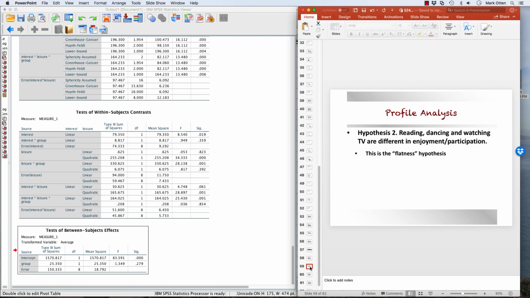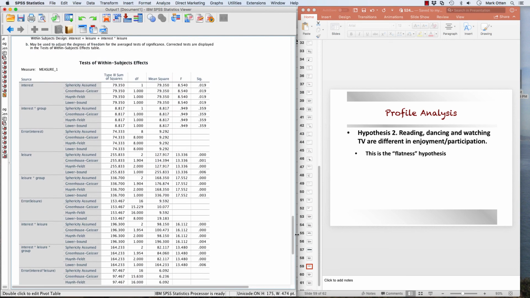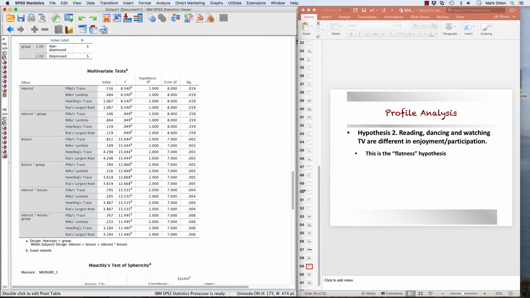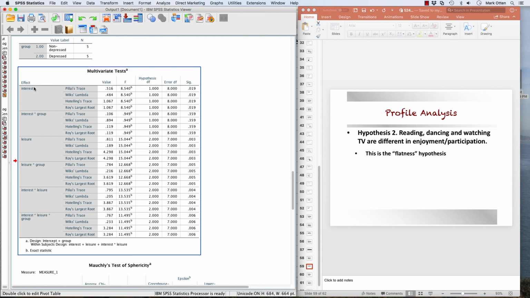The second one is reading, dancing, and watching TV are different. So we're going to go back up, as we did for profile analysis, to the multivariate test box, and we're just going to look at the first section here. This is labeled interest. So if there's a difference between enjoyment and participation, then it will show up in the interest section here.